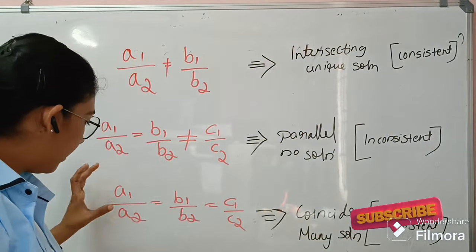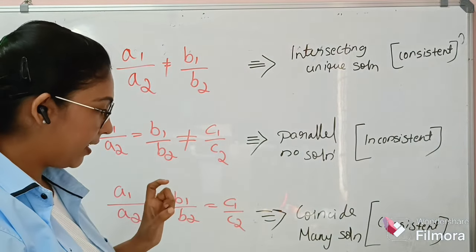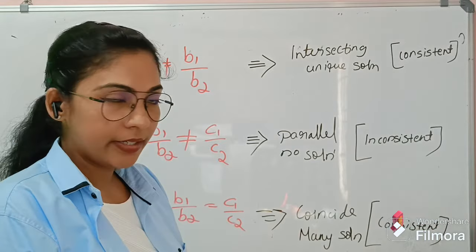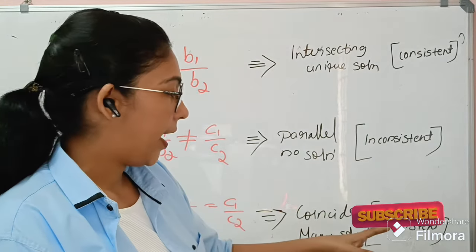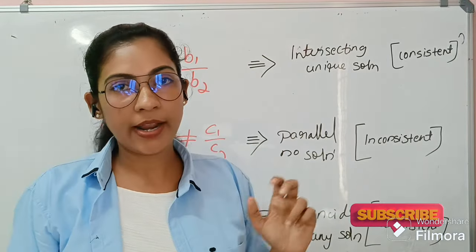Alright. Then the third one, A1 by A2 is equal to B1 by B2 is equal to C1 by C2, then we can say that the two lines coincide with each other, then it has many solutions and also it is a consistent system. So this is the graphical method.